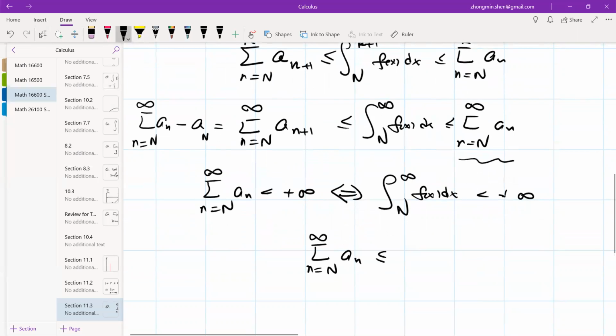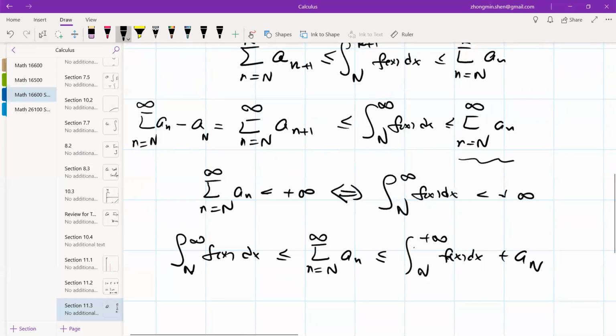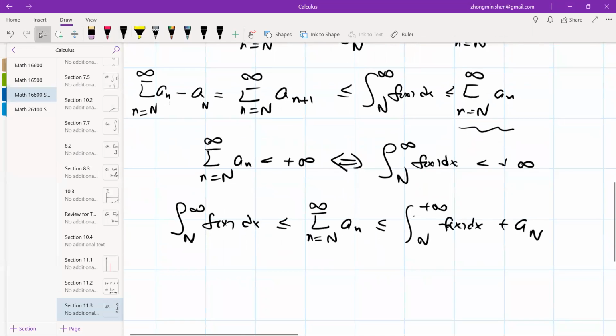You move this to the right hand side, plus a_N, but this is always greater than or equal to. You can put the infinite series in the middle of them. So now if the integral is finite, convergent, then you can even estimate the value of this infinite series.